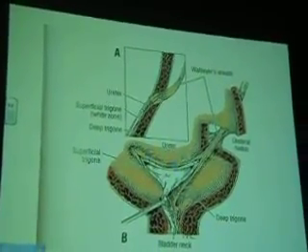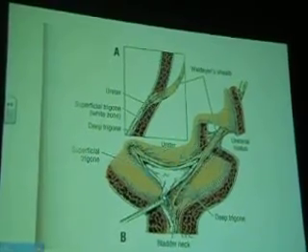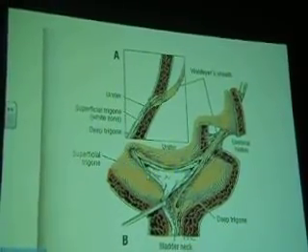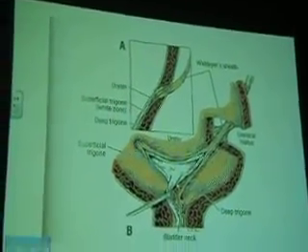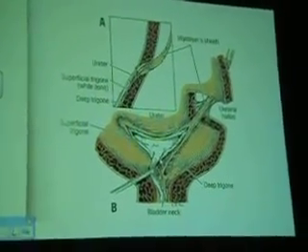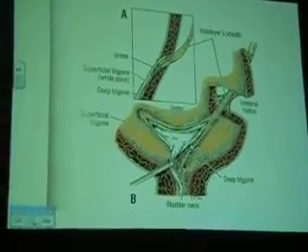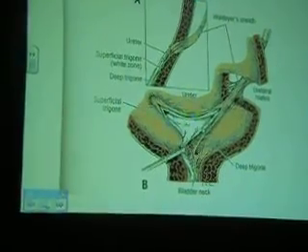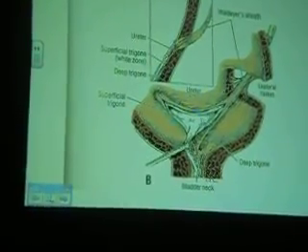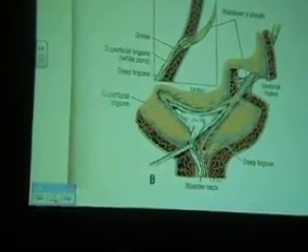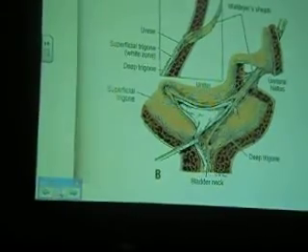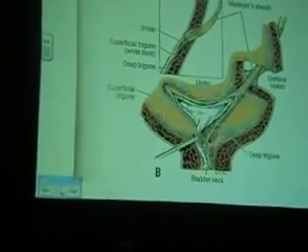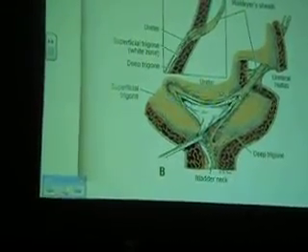The ureter begins at this orifice here. And the triangular area is called the trigone of the bladder, triangular shape. The mucosa, in early development, was from the mesodermal, but the rest of the bladder was from the urogenital sinus, which is from endoderm.